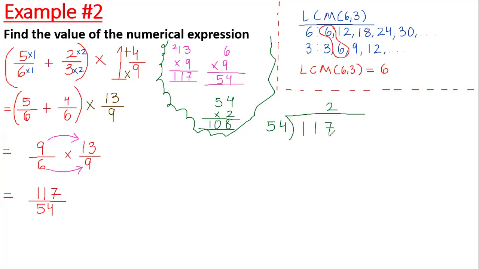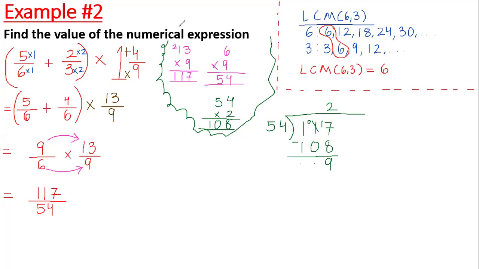So 54 times 2 is 108. So we have 117 minus 108. 7 minus 8, but we can't do that, eh? It's gonna be 17. 17 minus 8 is 9. 0 minus 0 is 0. 1 minus 1 is 1.